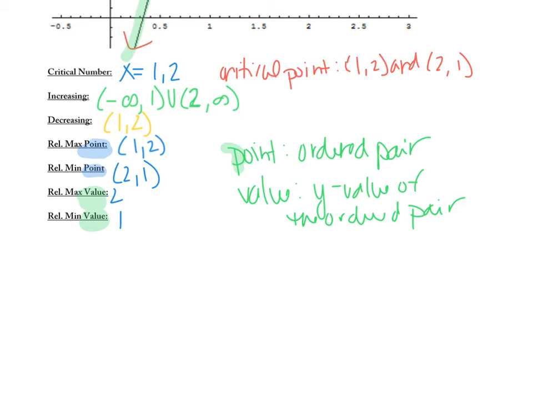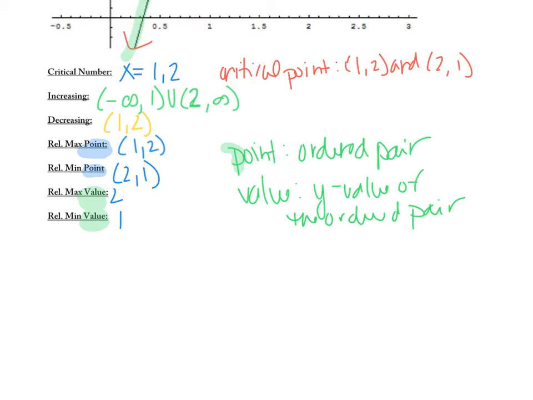I can't tell you how many times we get that terminology mixed up. So if it says point, it's going to be an ordered pair. If it says value, we just want the y value of the points. Y value, y value, y value. Not the x value, just the y value. When we go to do little check-ins in the next couple days, when it asks you for the value, it's the y value.